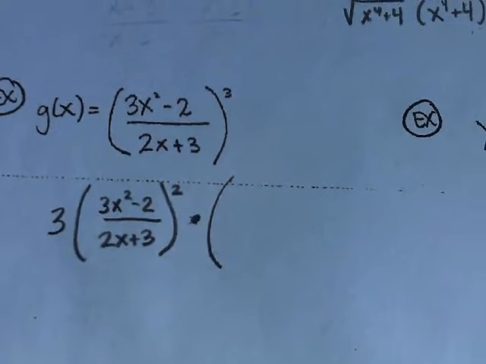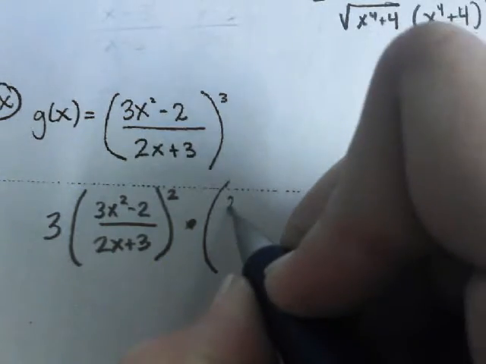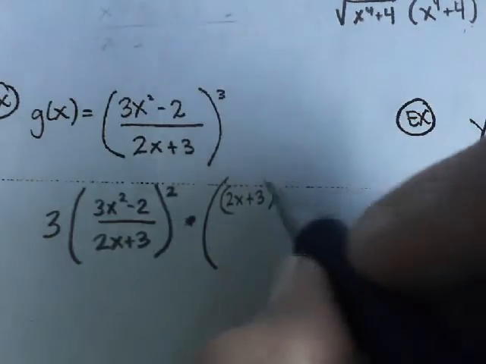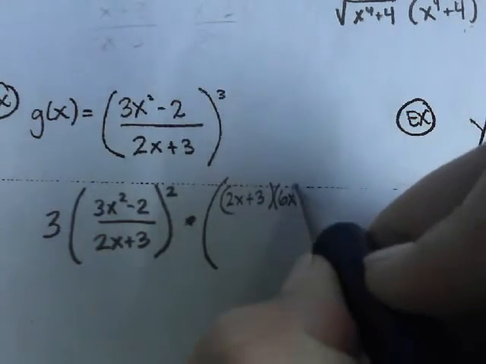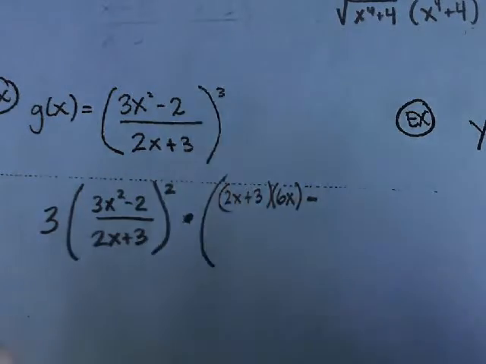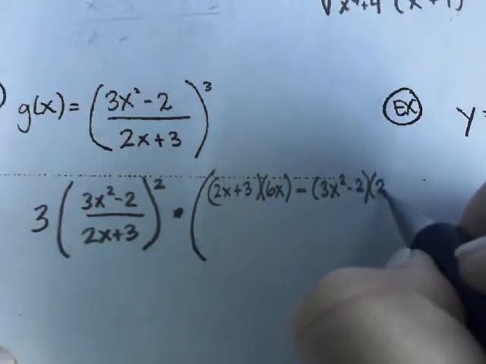For our bottom, times the derivative of the top, which is just 6x, minus our top, times the derivative of our bottom, which is just 2, all over bottom squared.